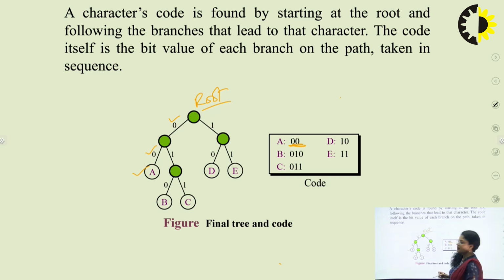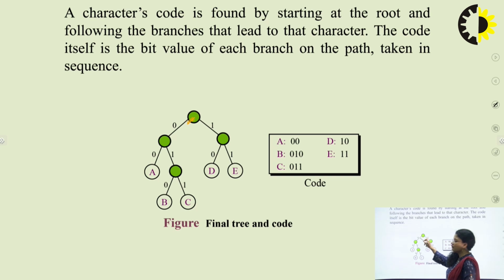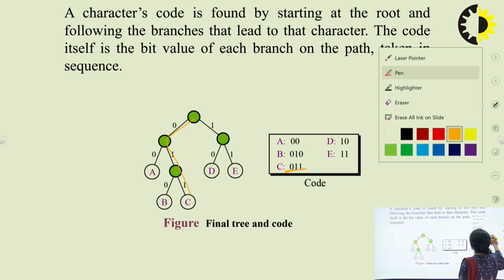So A will be represented by 00. Let us take B. Again, we follow the same process. We start from the root node and follow the path needed to reach the leaf node, and the path is 0, 1, 0. So B is 010. Let us do the same thing for C. For C, it is 0, 1, 1. And we can check the other nodes as well.